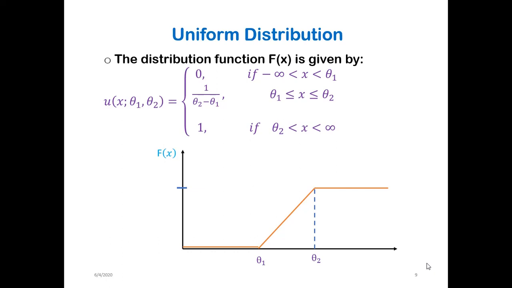Okay, meaning that the probability for any variable which is uniformly distributed does not exceed 1 and does not go below 0.